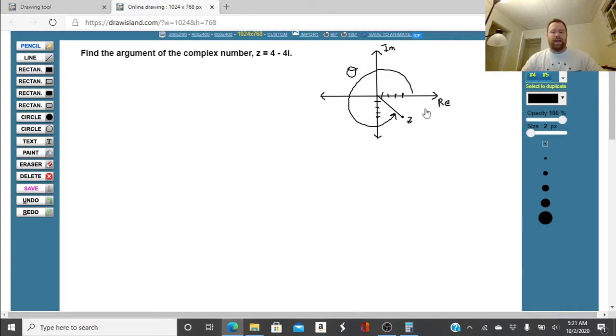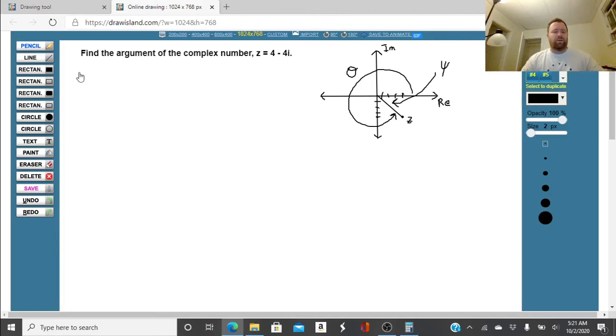And a way to do that would be to first find this angle, let's call that phi, and subtract this angle from 360. And that will give you this angle, because it's 360 degrees all the way around. So if we find this angle here, subtract it from 360, we'll get what this angle is up to here.